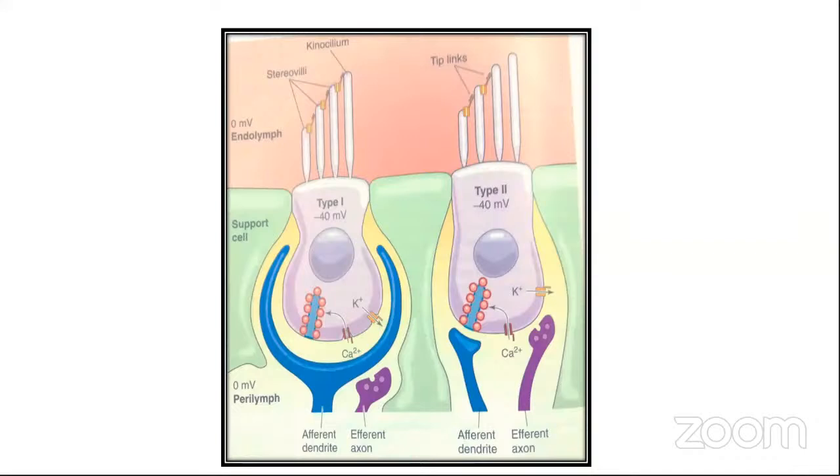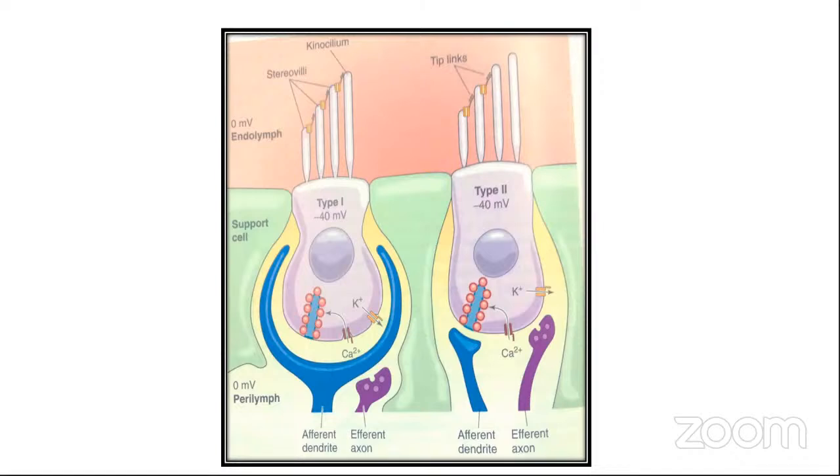These tip links are in contact with the endolymph. Adjacent to the type 1 cells, you can see the sustentacular cells. They are the supporting cells.